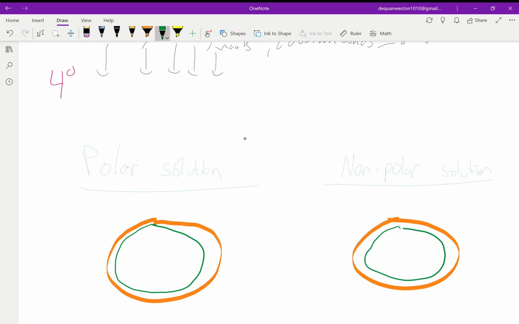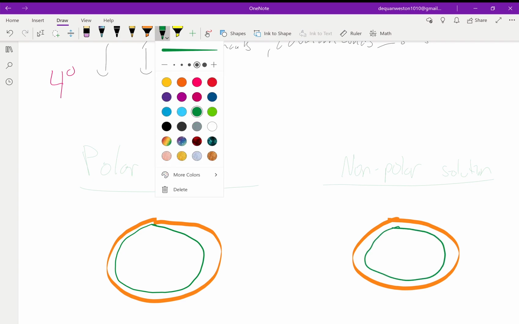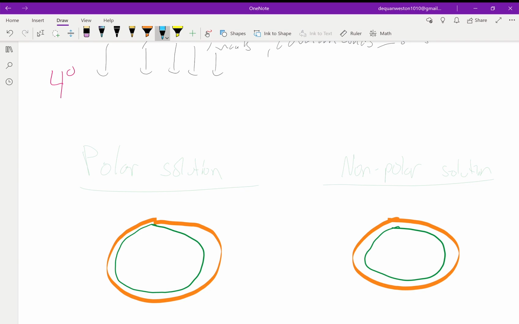The best way to memorize this is that the exterior, so this is all polar, and this is all non-polar. The exterior is going to want to match whatever solution it's in. So all these exterior amino acids are going to be your polar ones, and then inside you're going to find all your non-polar, aka hydrophobic ones.